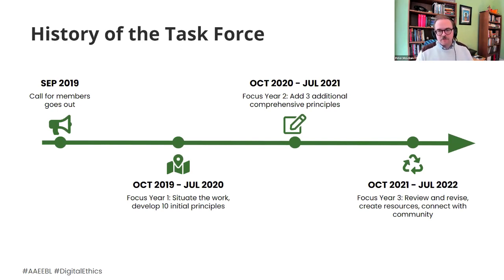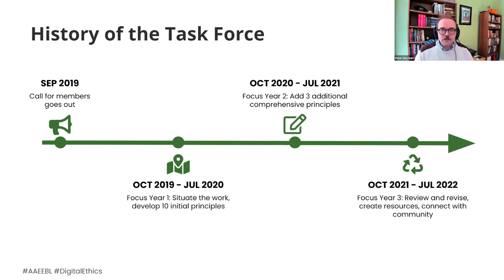Our programming operates with the academic calendar and with AAEEBL's annual meeting as an anchor point for our year of work. In our first year, we focused primarily on developing 10 initial principles of digital ethics, of which accessibility is one.